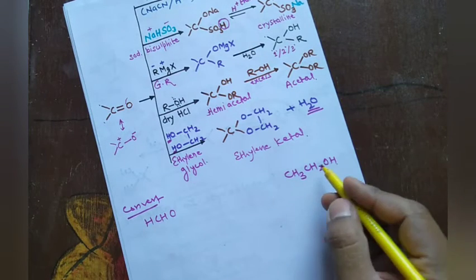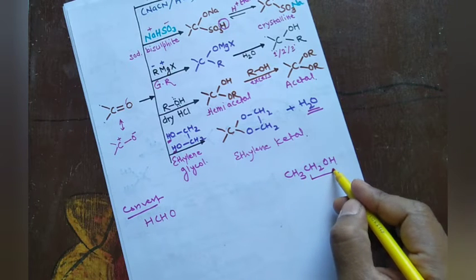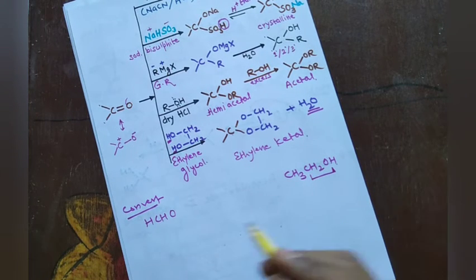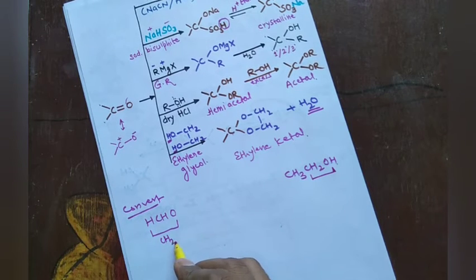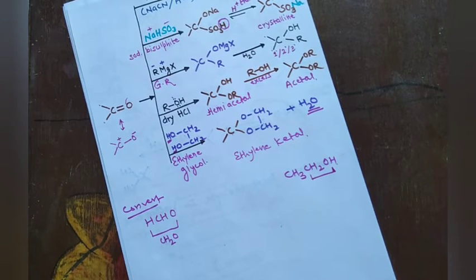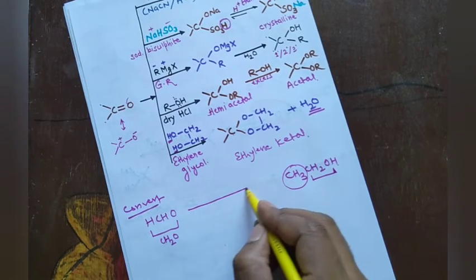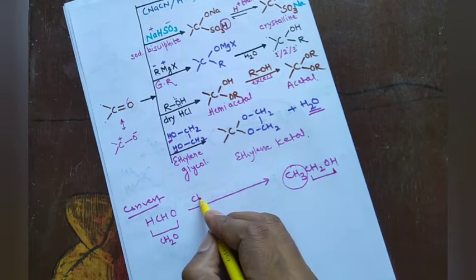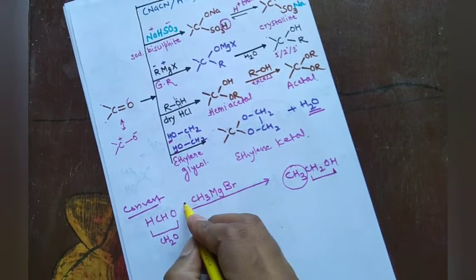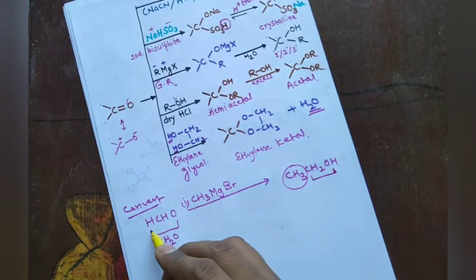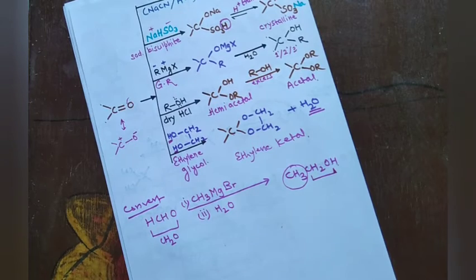What is the difference here? We have CH2O group, and in this also we have CH2O group. Now what is missing? CH3 is missing. So we can just write CH3MgBr. In the first step, it can react with this one and then we hydrolyze it.